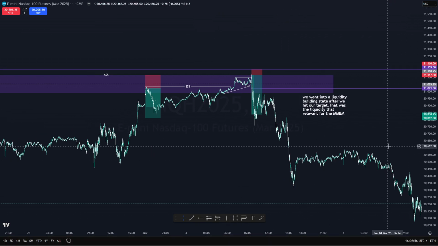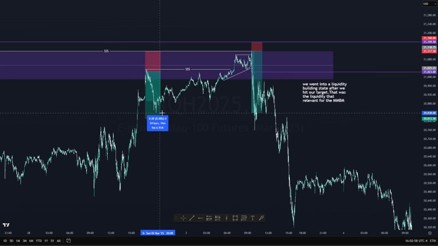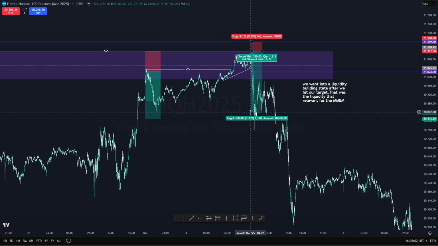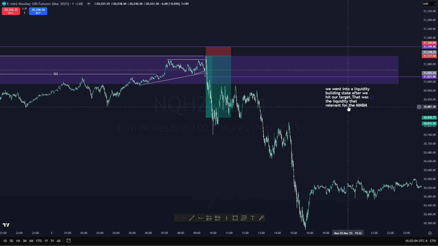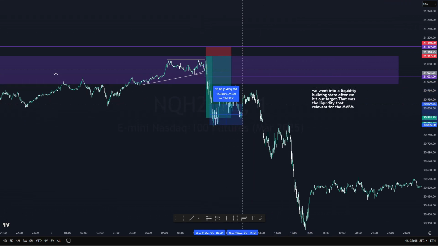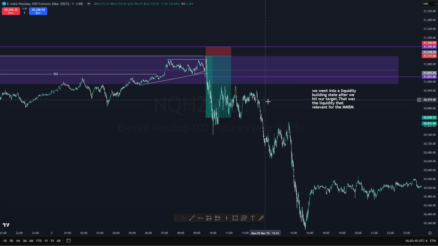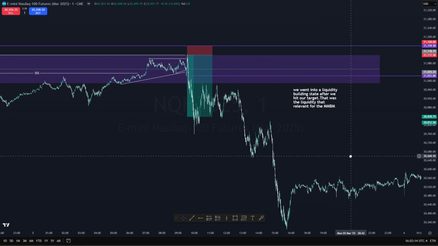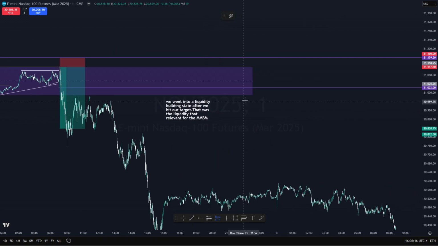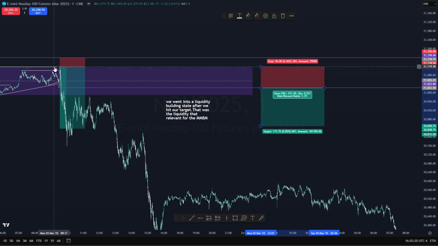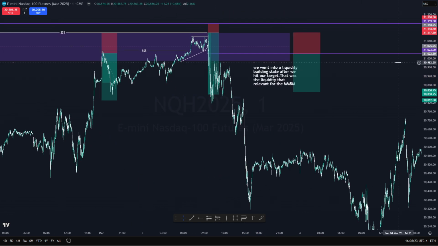So if this all here was our target, and we went into a liquidity building state after that, which we indubitably do, and we have an order block precisely above that, could this be a brilliant setup that we get later on in the week? Stops above this high there. I believe it certainly could.